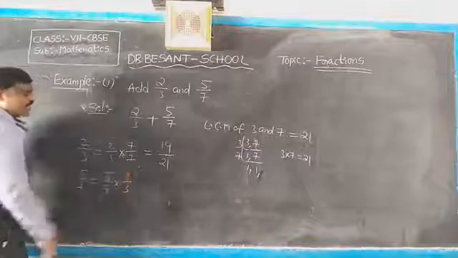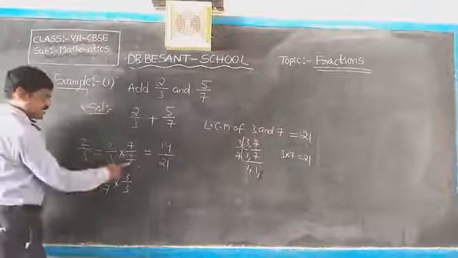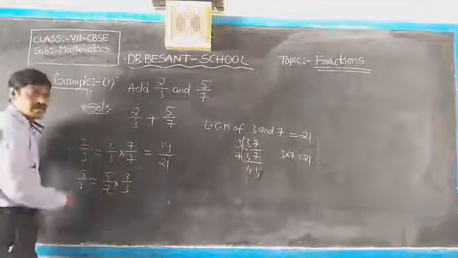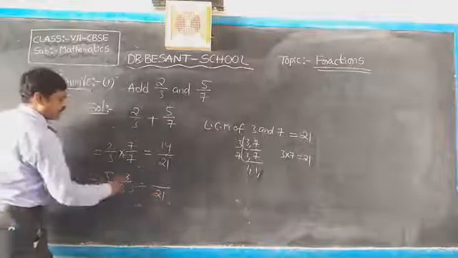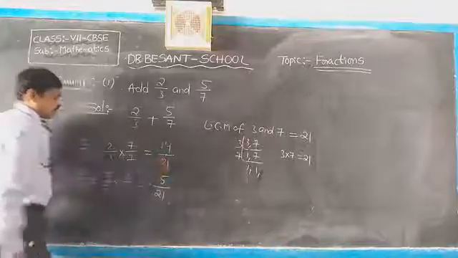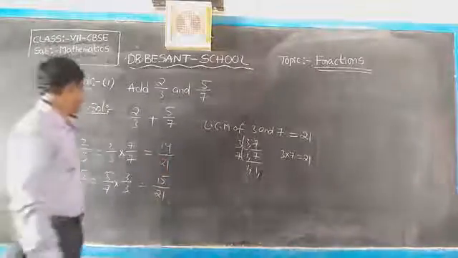Why? Because we are equating the denominators. 7 threes are 21, so the denominator is 21, and 5 threes are 15.